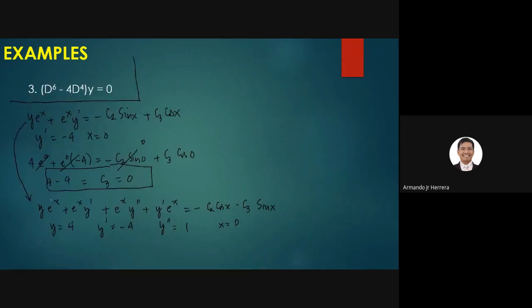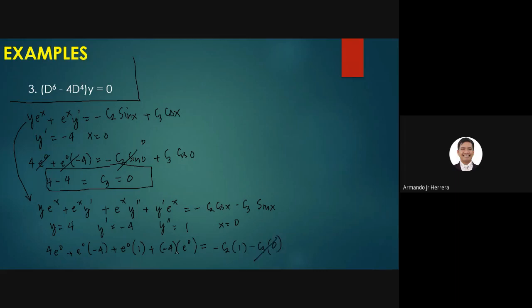Let's substitute. Y is 4, e to the 0, plus e to the 0 times negative 4, plus e to the 0 times the value of y double prime is 1, plus y prime is negative 4, e to the 0 equals negative C2 cosine 0 is 1, minus C3 sine 0 is 0.